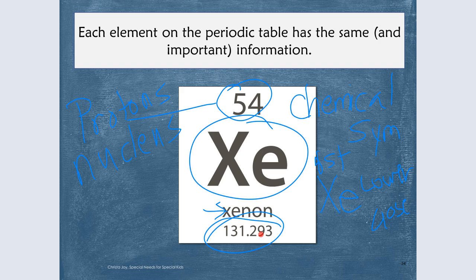So this number, 131, we'll round that up, is really equal to the protons plus the neutrons. Okay? Protons and neutrons. So this one has 54 protons plus the number of neutrons that equal 131.